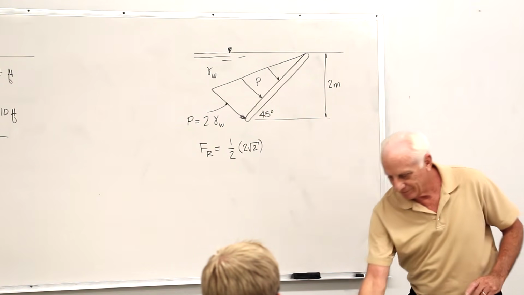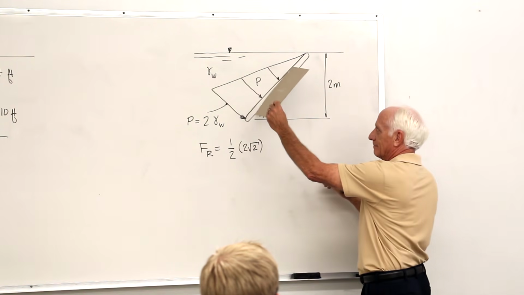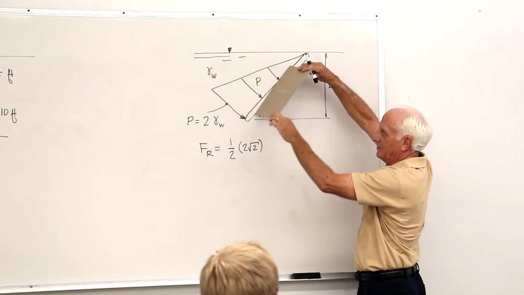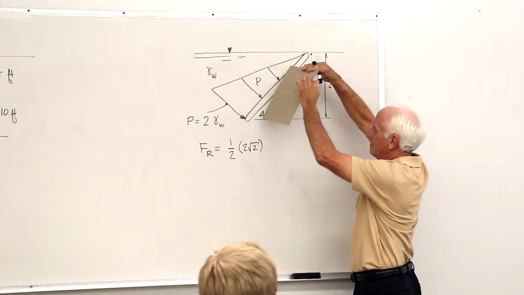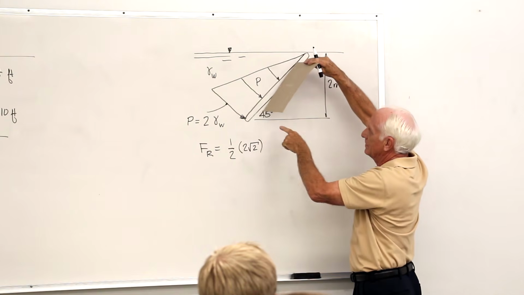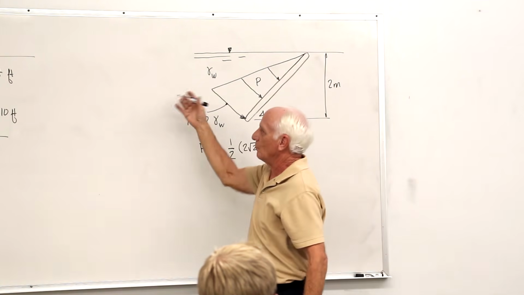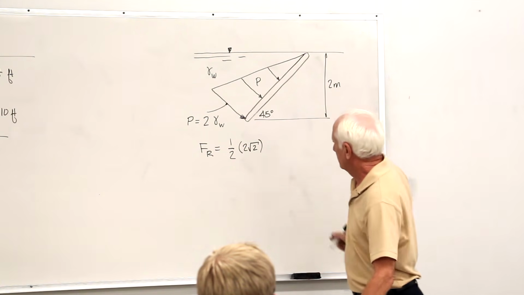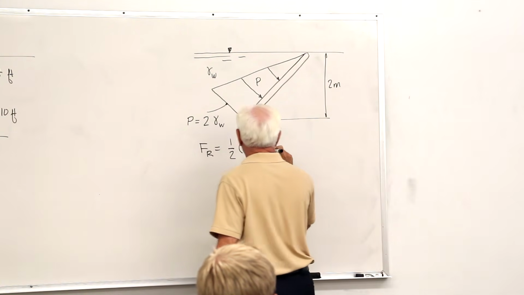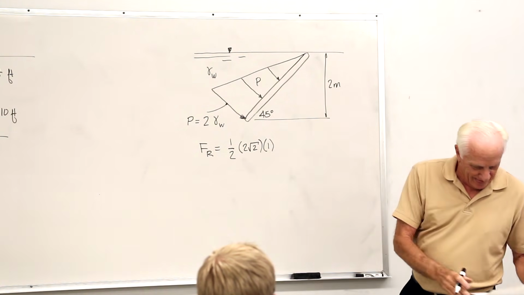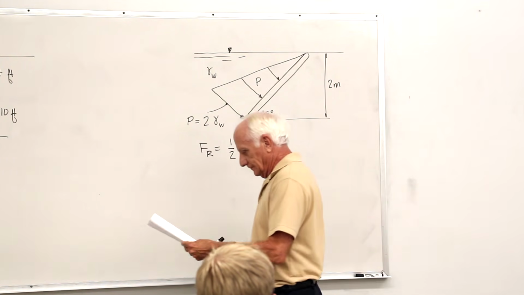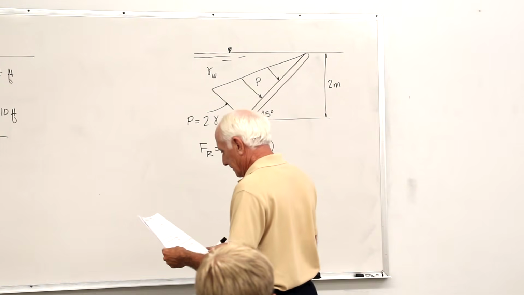There it is. What's the height from here to here? Height here to here, 2 square root 2. What's the base? And I'll take it 1 again. These are all 1 into the blackboard. Okay. I think that's all I need on that one.